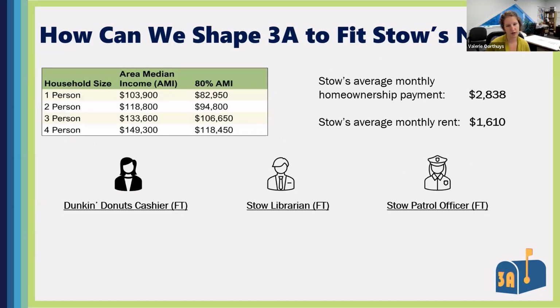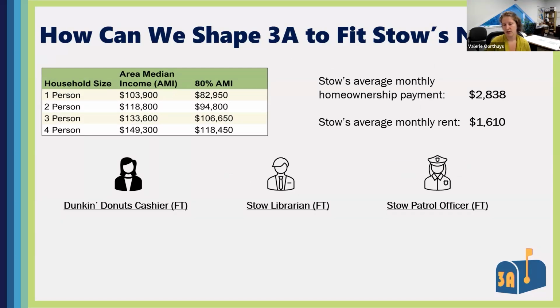So let me go into affordability a little bit more, just to give you a better picture of what this means and who we're really talking about when we say folks that can either afford to live in Stow or only afford to live in Stow through a deed restricted unit. So 3A looks at 80% of the area median income. And on this chart, we have what that means for a 1-person through 4-person household.